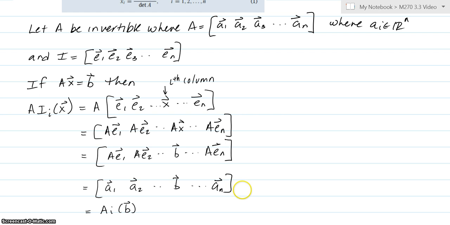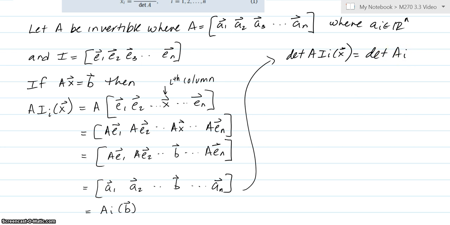So what do we have? I'm going to look at the determinant of each side. The determinant of A times I sub i of x better equal the determinant of A sub i of b, since they're the same. What I'm going to do here is use that the determinant of A times B is the determinant of A times the determinant of B, where B is that second matrix.